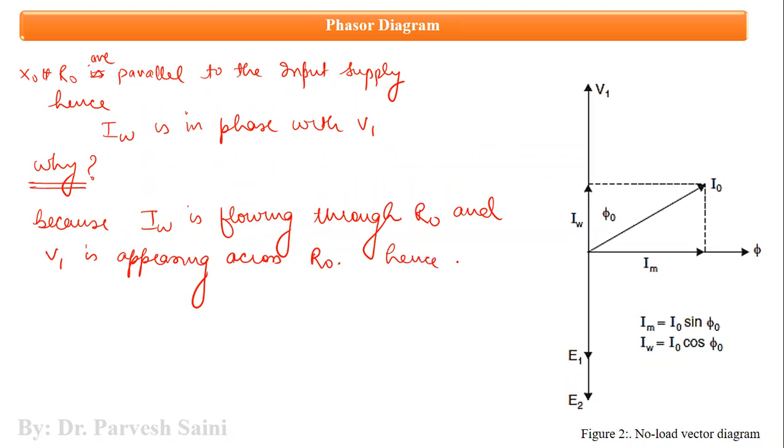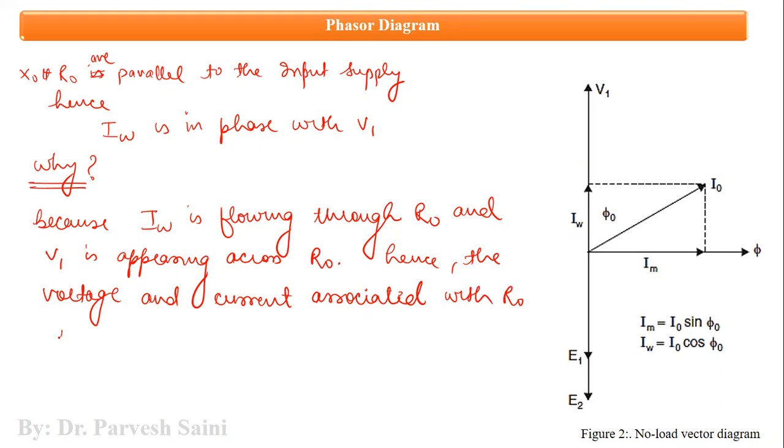Hence, the voltage and current associated with R naught are V1 and IW.